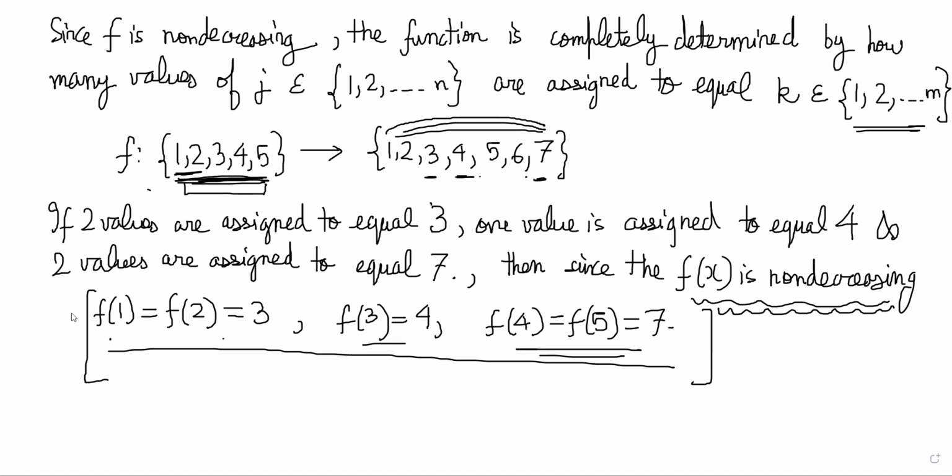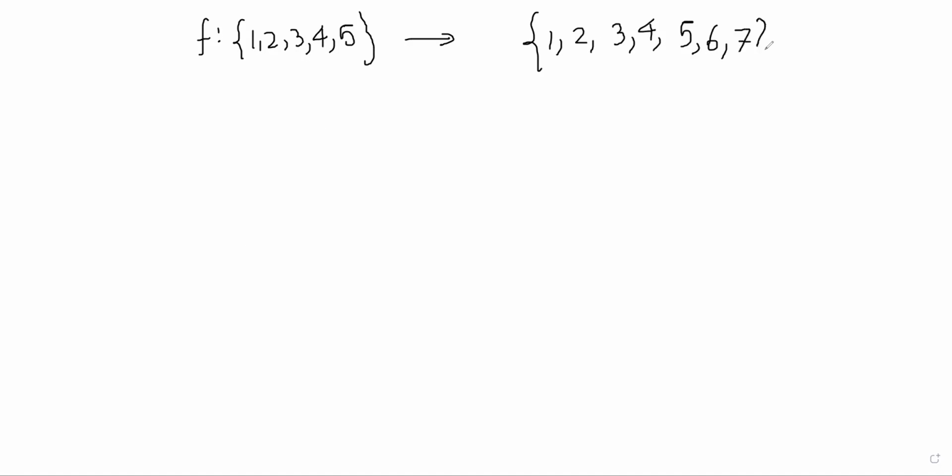So what do I mean by that? Basically, if you have f from 1, 2, 3, 4, 5 to 1, 2, 3, 4, 5, 6, 7, right? Let's think of a problem where we find the number of solutions of x1 plus x2 plus x3 plus x4 plus x5.